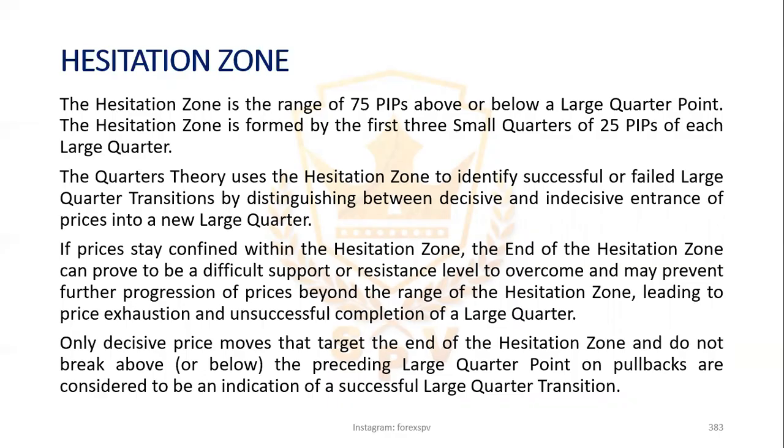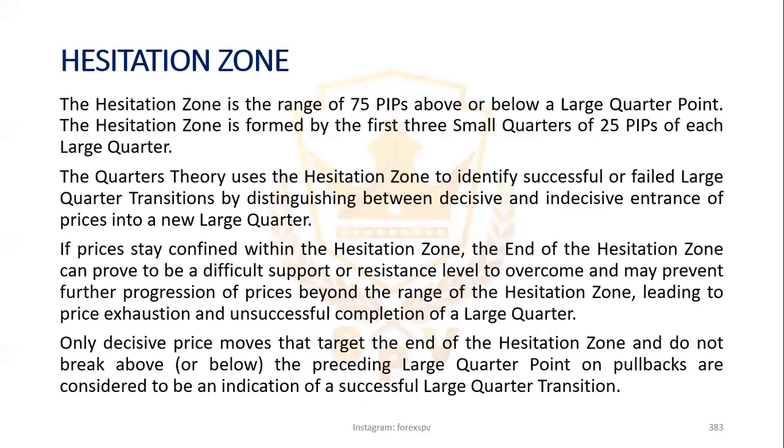We use the station zone to identify successful or failed large quarter transitions, because the end of this hesitation zone can prove to be a difficult support or resistance level to overcome, and may prevent further progression of price beyond the range of the hesitation zone, leading to price exhaustion, and what we call an unsuccessful completion of the large quarter.